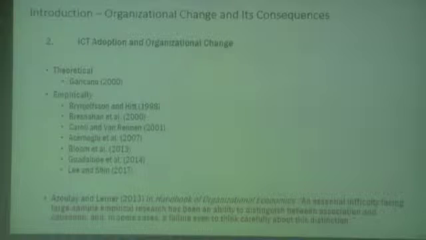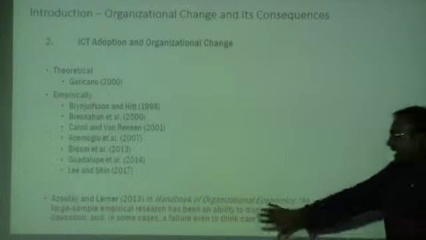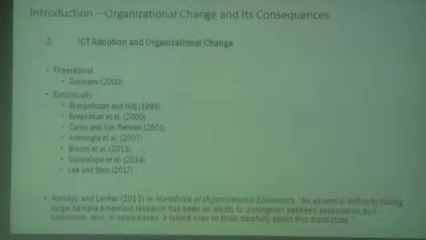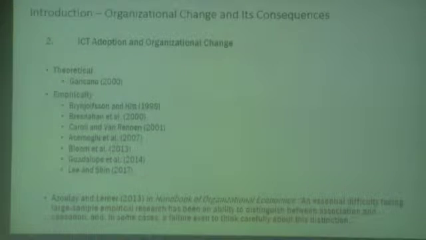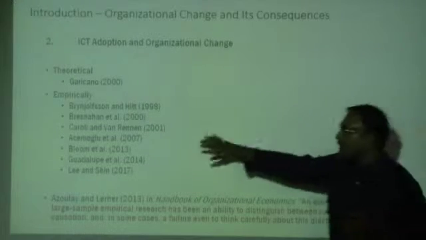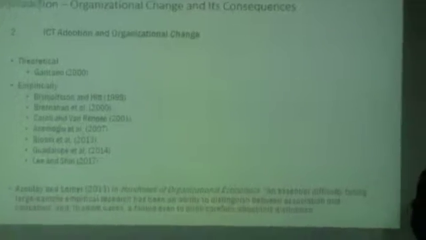But as of now, most of the papers, as highlighted in the Handbook of Organizational Economics, face this: the essential difficulty facing large sample empirical research has been the ability to distinguish between association and causation. So all these papers say very directly that they find very robust correlations between technological adoption and organizational change.